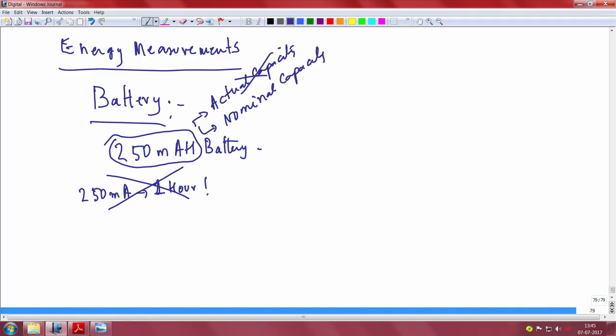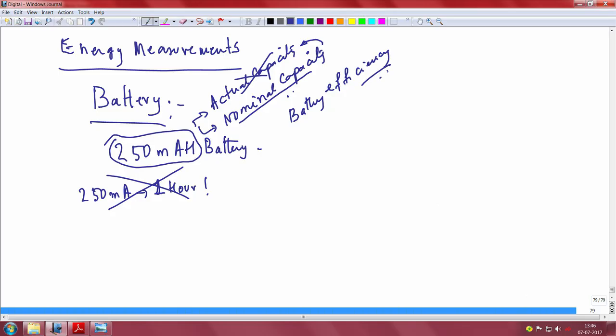What the manufacturer will give you, the stamping on the battery, is basically a nominal capacity. The actual capacity should be calculated from the nominal capacity, and that is where battery efficiency comes into picture, okay.